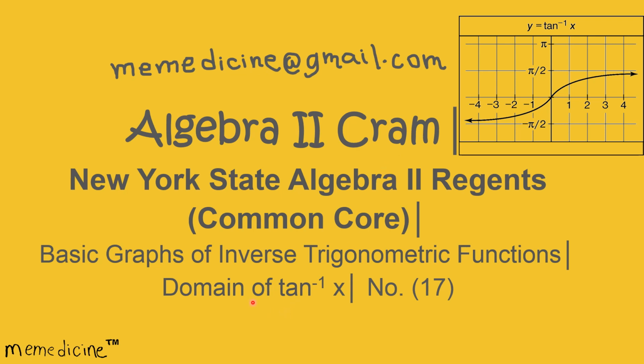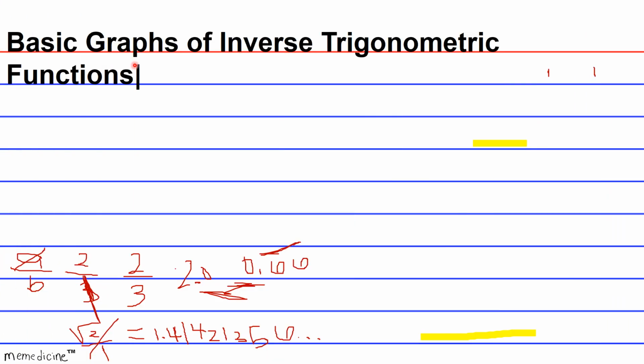Now let's delve into the concept of the domain of the inverse tangent of x. Basic graphs of inverse trigonometric functions. And remember that inverse trigonometric functions emanate from the original basic trigonometric functions, such as sine, cosine, tangent, cosecant, secant, and cotangent.